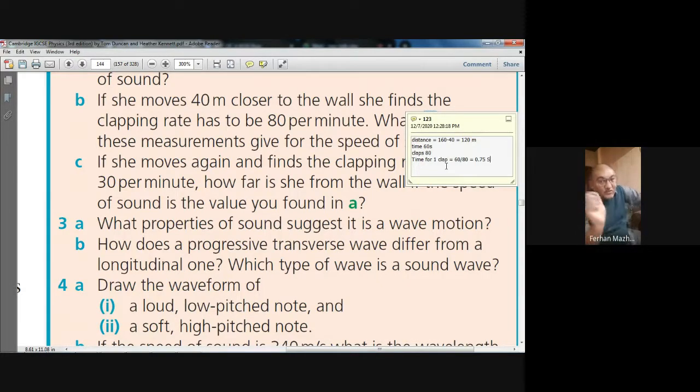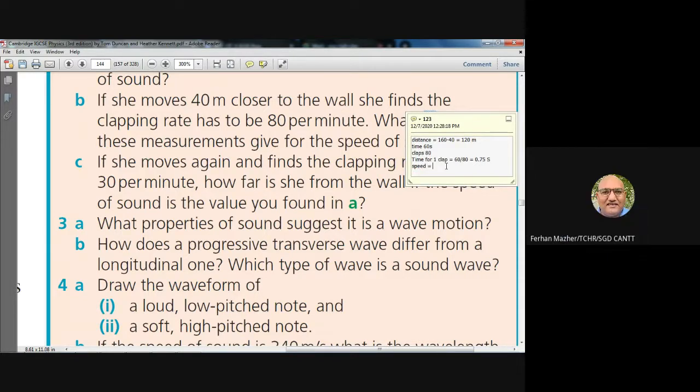Try to understand this. To match the echo, in 0.75 seconds the sound produced by the clap goes 120 meters to the wall and 120 meters back.